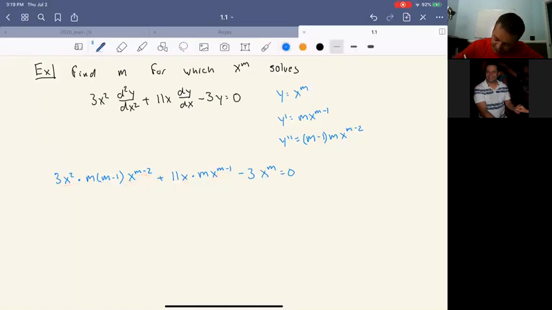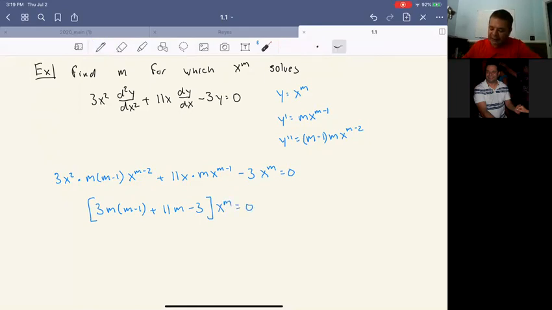So you end up with 3m times m minus 1 plus 11m minus 3, all of this multiplied by x to the m equals 0. Again, x to the m doesn't ever equal 0, except at x equals 0, so we're going to treat it as non-zero and make this piece equal to 0. And of course, I can simplify that.